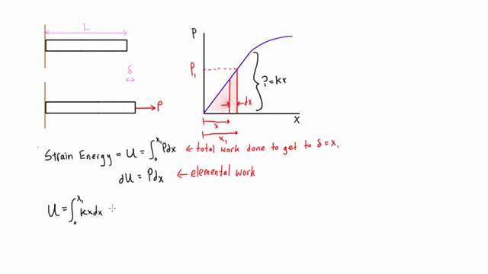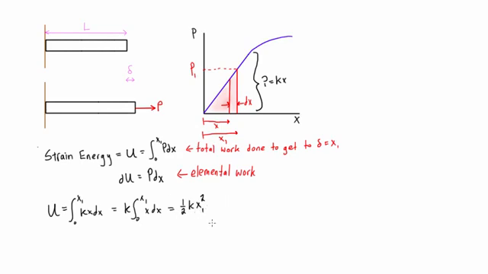Alright, so k is a constant, so we're going to bring that out. So from 0 to x1 we have x dx, and this simplifies just to 1/2 k x squared. Now we should put in the subscript of x1 because we substituted in x1 and 0, but the zero obviously just disappeared, so now we have x1.